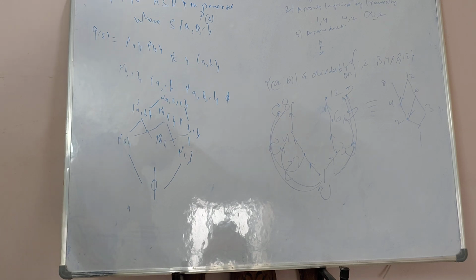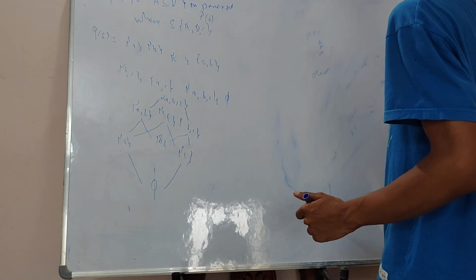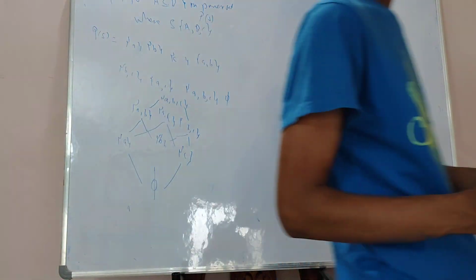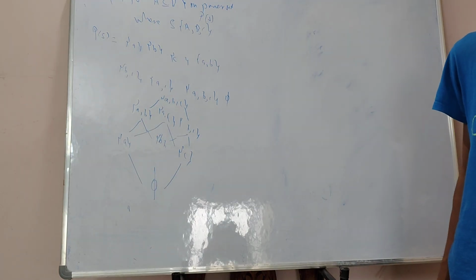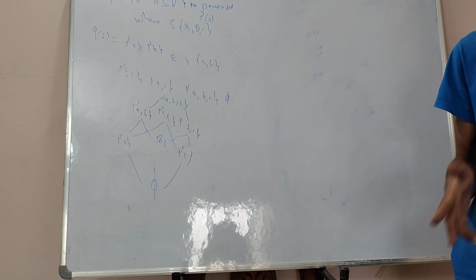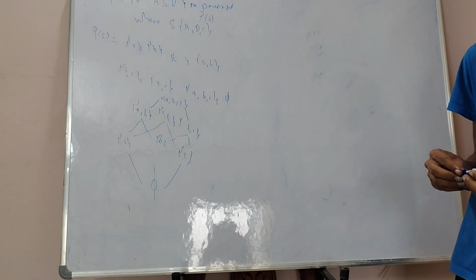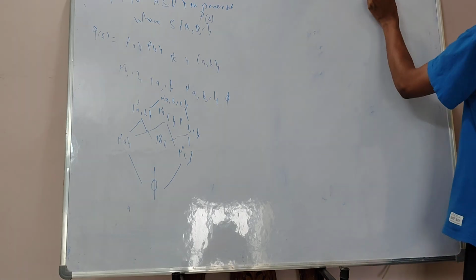Now we will discuss maximal and minimal elements. An element a is maximal if there is no element b in the poset such that a is less than or equal to b, and an element a is minimal if there is no element b such that b is less than or equal to a.